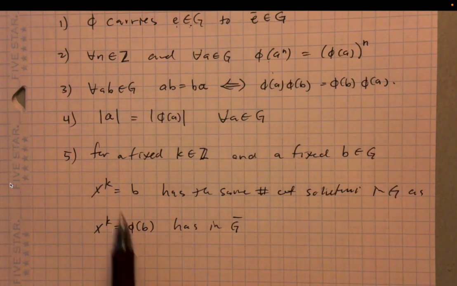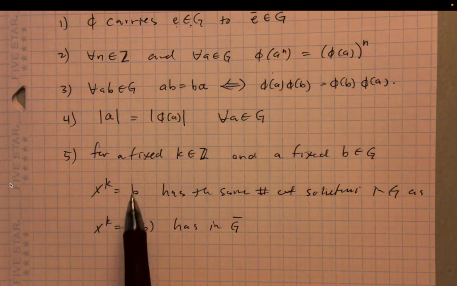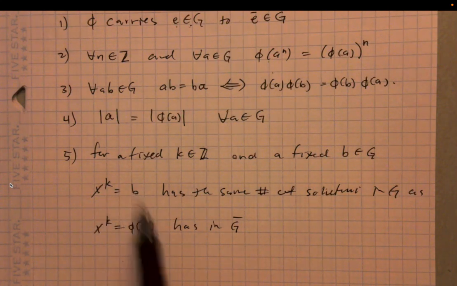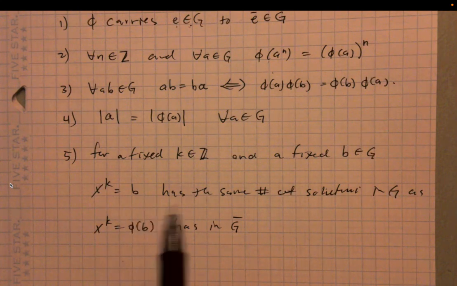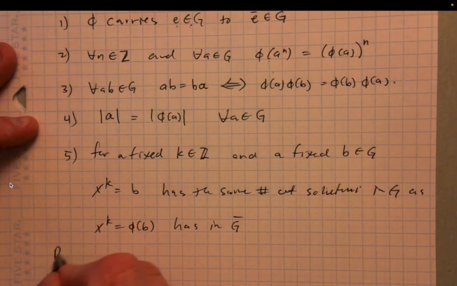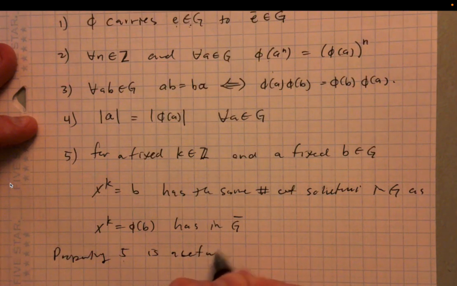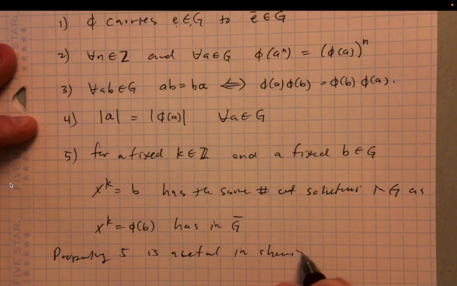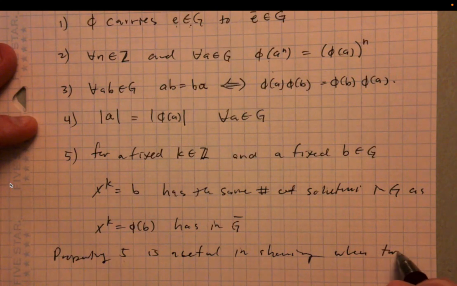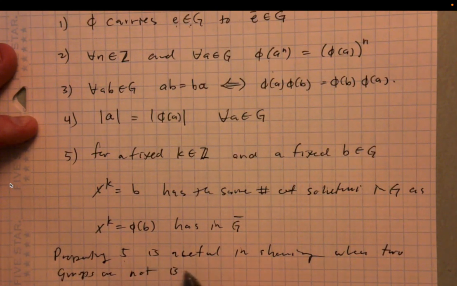If you've got two candidate groups and you want to know if they're isomorphic, this might be something to check first. Are there any examples where this fails? So property 5 is useful in showing when two groups are not isomorphic.